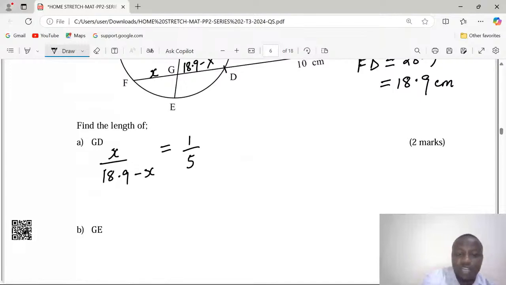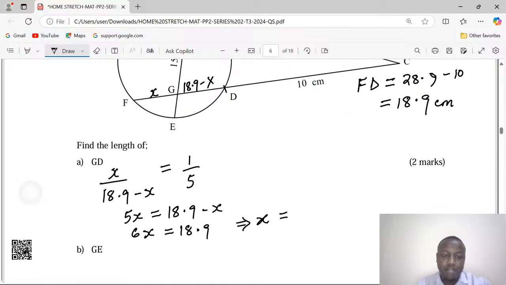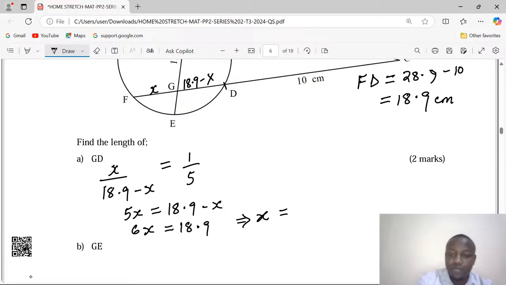And with this information now, 5x equals 18.9 minus x, so that 6x equals 18.9. When you divide through, x is going to be 3.15 centimeters.